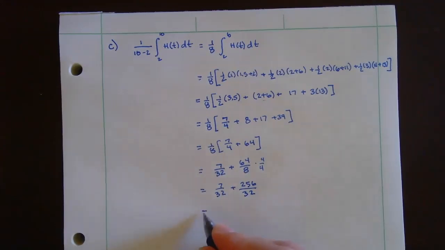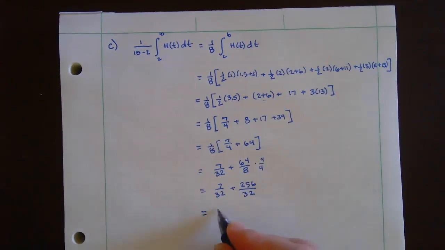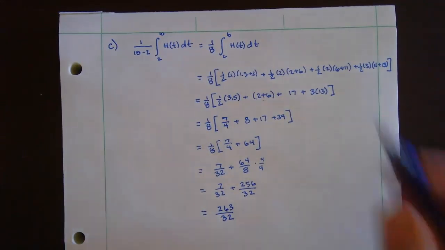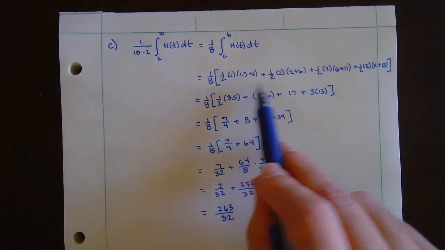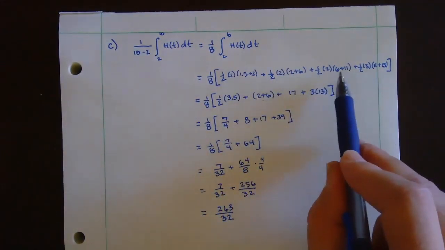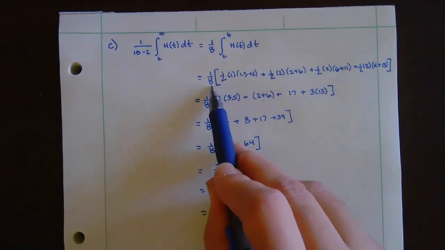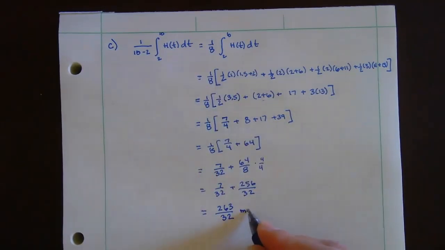And that would give you a final answer of 263 over 32. And that would be your answer for part C. That's the average height. All of this in here gives you meter-years, and this is years, so this is just going to be meters right here.